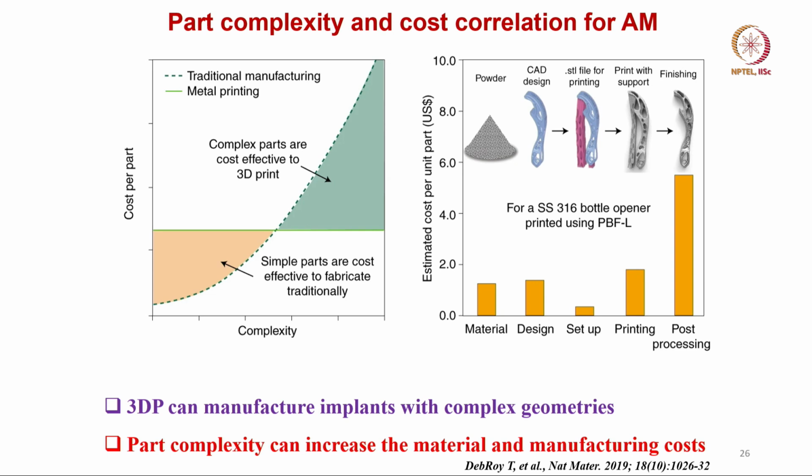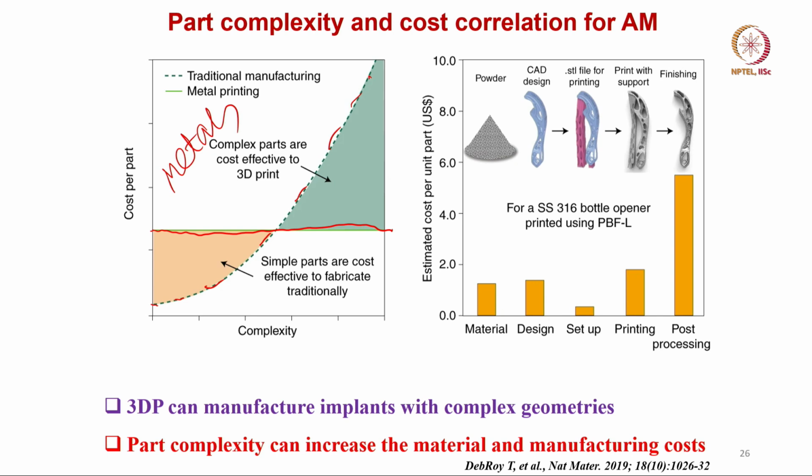And if you look at the dotted line, it essentially represents the traditional or conventional manufacturing. The straight line, this is only in the context of metals, right. This straight line essentially represents metal 3D printing.